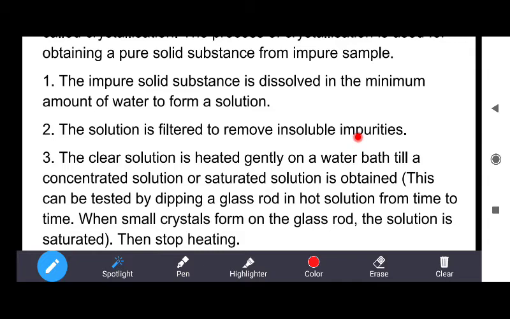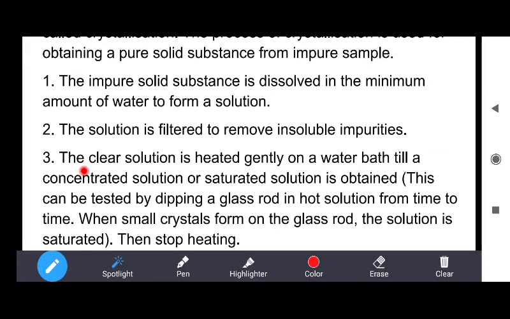Suppose you have a mixture of two or more substances in which one is water soluble, then you dissolve the whole mixture in water. The insoluble substance remains insoluble, which can be removed by filtration. And the dissolved substance is separated in the form of a solution.